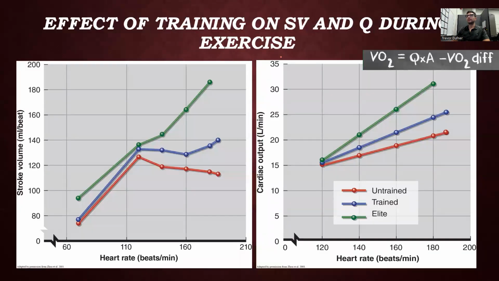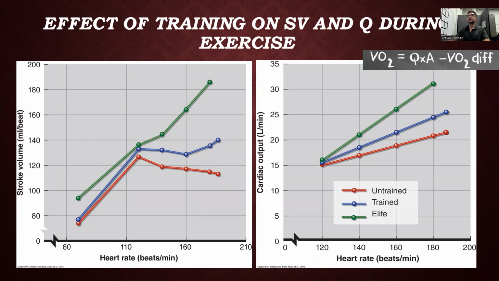So we see here different populations, with stroke volume at certain heart rates. In elite populations at, let's say, a heart rate of 110, we have a higher stroke volume. As we get more intense, closer to 160, 180, which is what most people's heart rate max is, elite individuals are more able to pump out more blood per stroke.